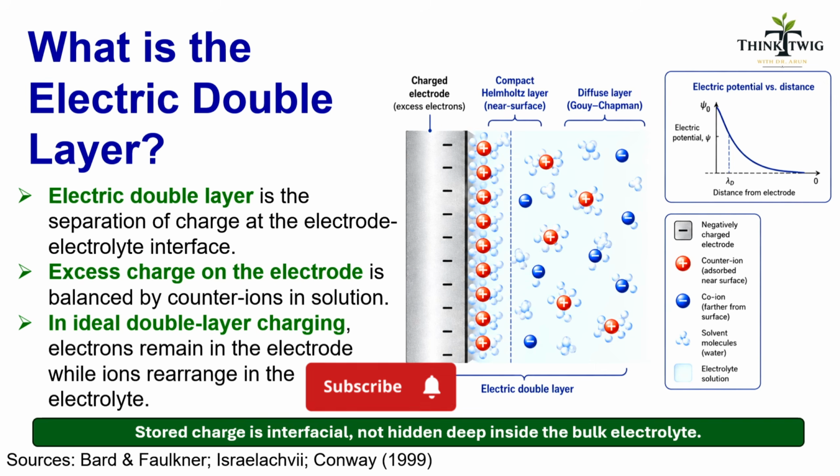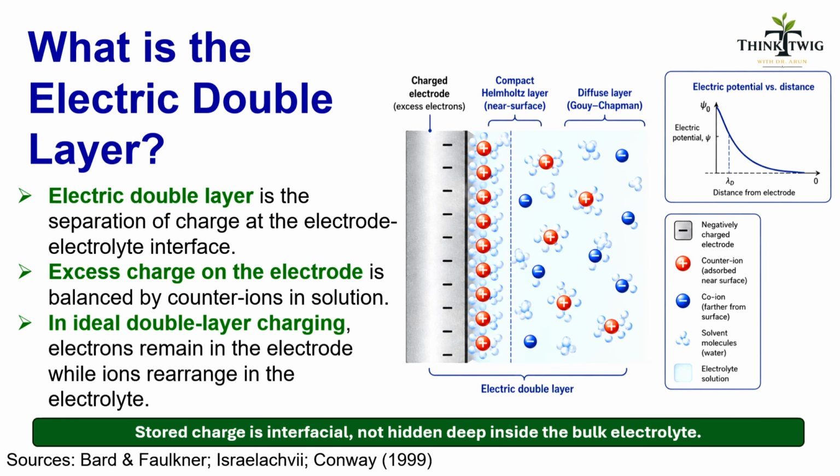When a voltage is applied, electrons move through the external circuit and accumulate on one electrode. The other electrode loses electrons. So one electrode becomes negatively charged while the other becomes positively charged.